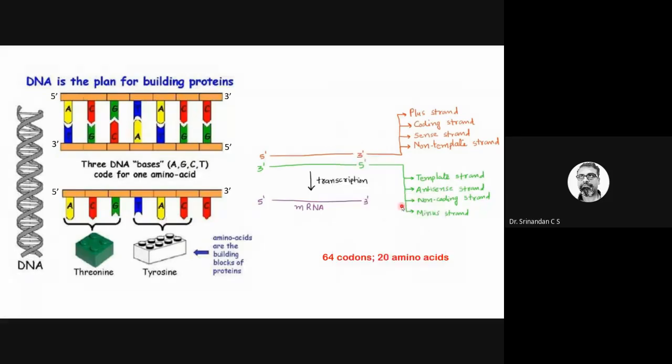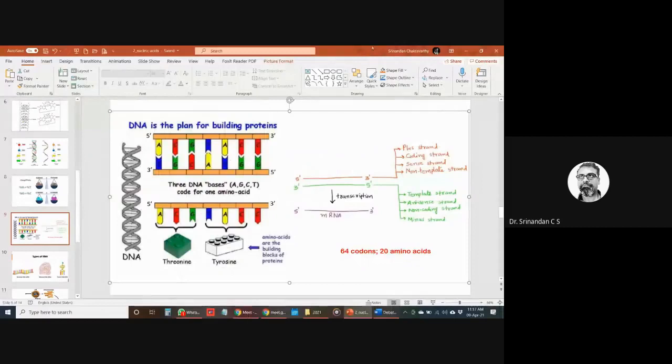So 5 prime to 3 prime you have, and this will be 3 prime to 5 prime. RNA is always made from 5 prime to 3 prime. You can see A will be A, C will be C, G will be G, and T should actually be U, because RNA doesn't have T. Then T will be A; over here T should be A. I don't know why they are wrongly given.